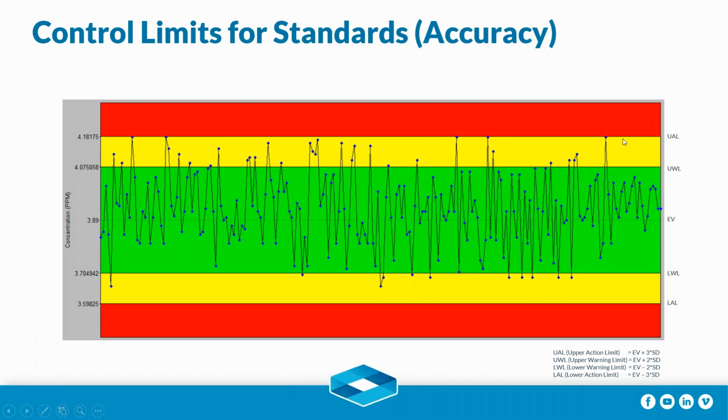What we call the upper action limit and lower action limit is roughly about 3 standard deviations above or below the expected value. And the upper warning limit and lower warning limit represent 2 standard deviations away from the expected value.